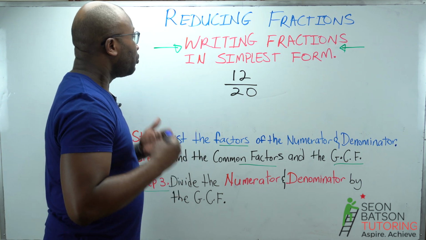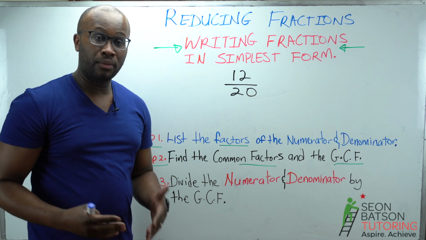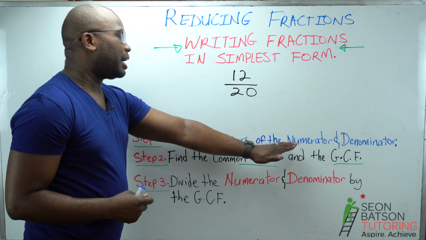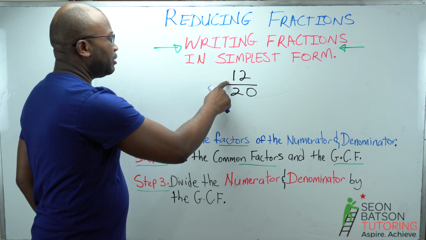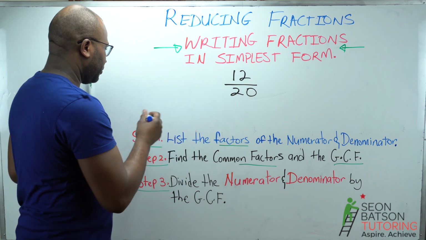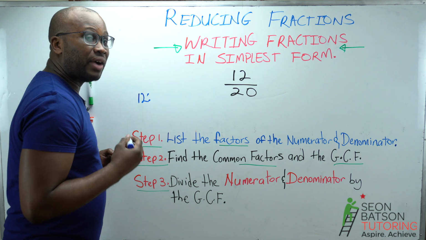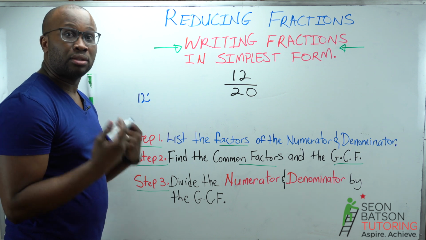First example, we want to write 12 over 20 in simplest form. So step 1, we will list the factors of the numerator and the denominator. We will first list the factors of the numerator, which is 12. And remember, the factors of 12 will be all the numbers that we can multiply to get 12.